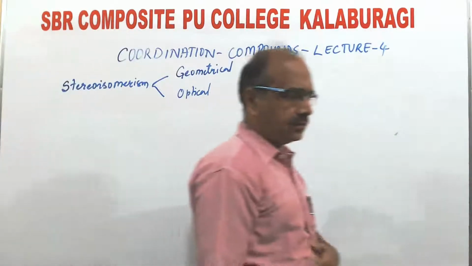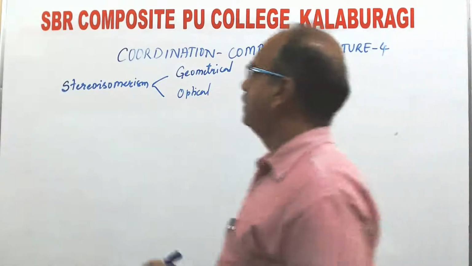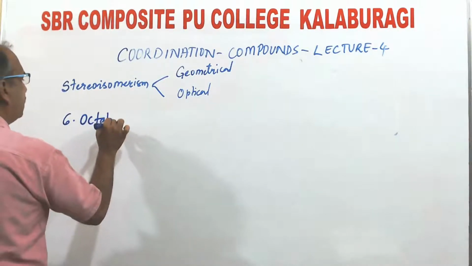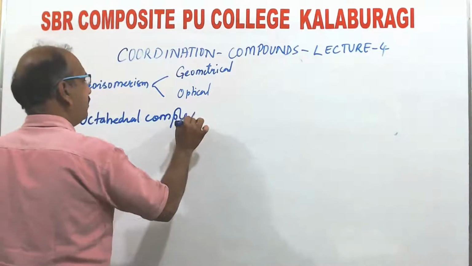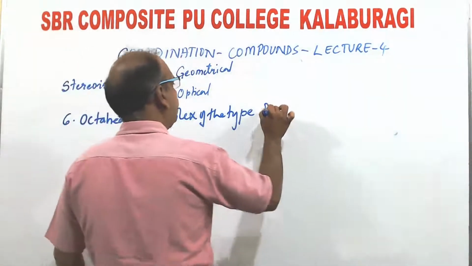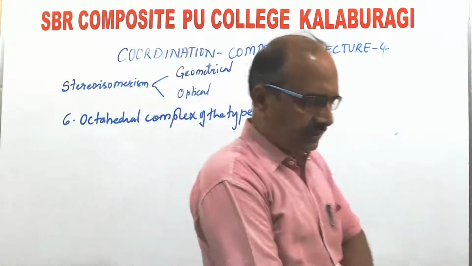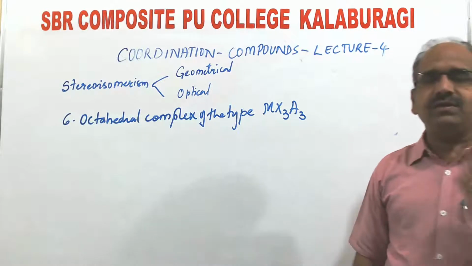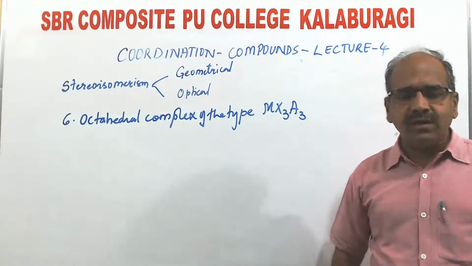Sixth one, octahedral complex of the type MX3A3. All these are unidentate only, but these will give rise to facial and meridional isomerism.